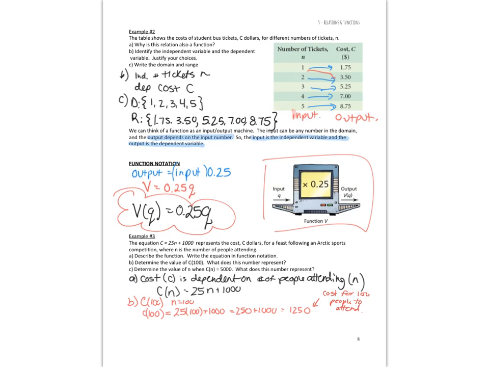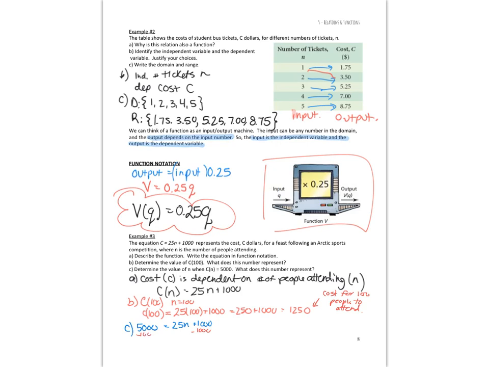So determine the value of N when C of N equals 5,000. And what does this number represent? So to do this, we need to set our entire equation equal to 5,000. That'll equal 25N plus 1,000. So, working backwards here, we're going to look at our addition and subtraction first. So we need to do the opposite operation.